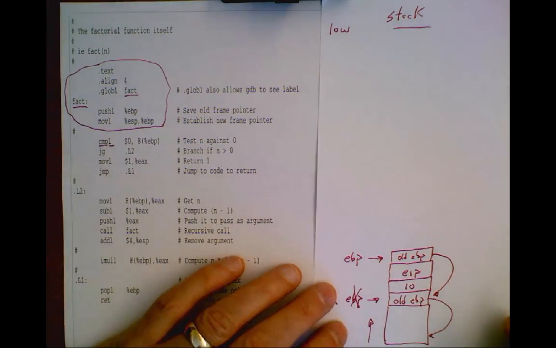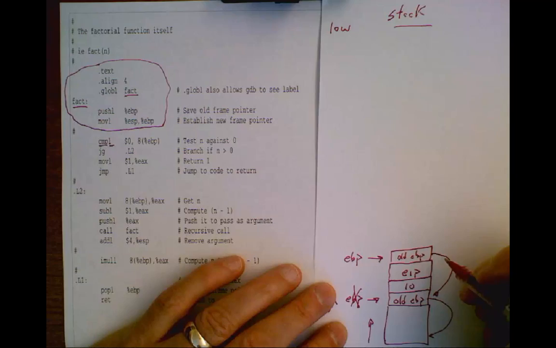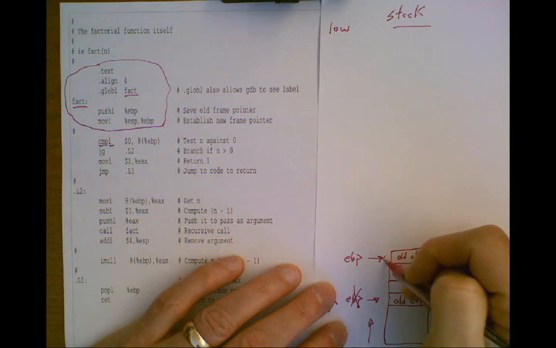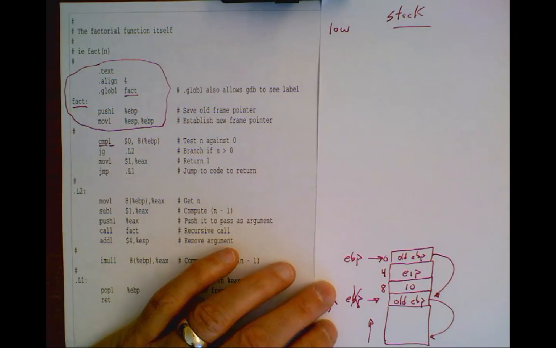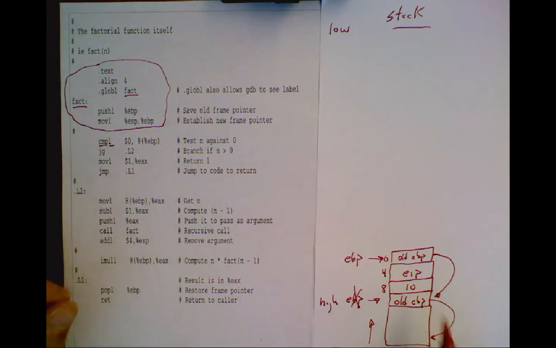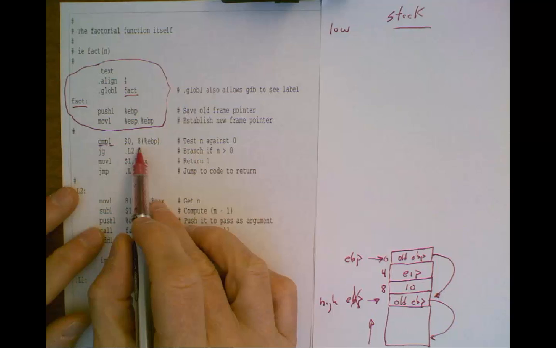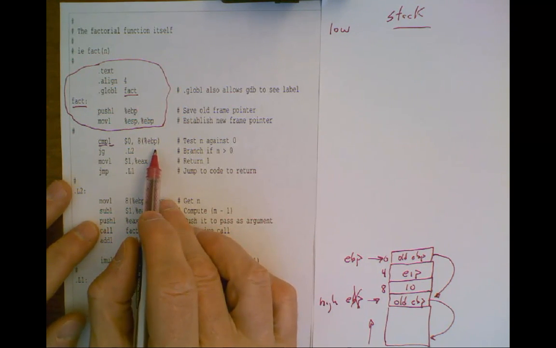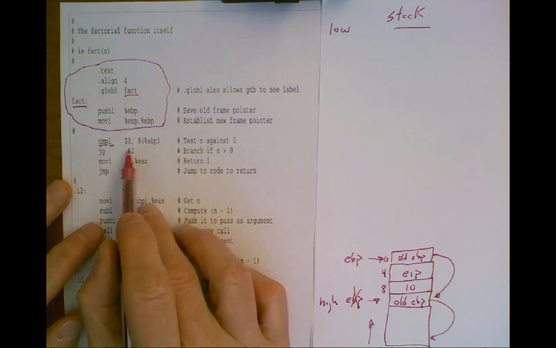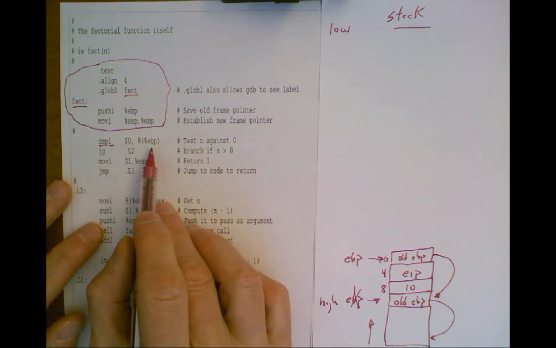So what's 8 off the frame pointer? This is 0 off the frame pointer, 4 off the frame pointer, 8 off the frame pointer is the argument being passed, the single argument. So it's checking to see if the argument passed in is in fact the base case of the recursion, value 0.